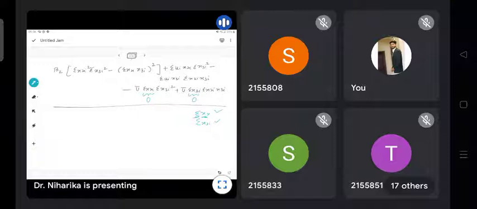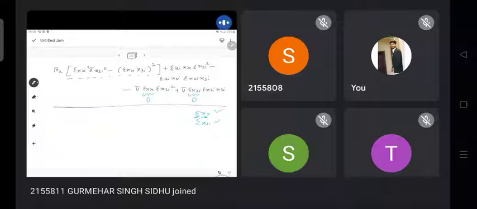And in the denominator we have this whole term. So I'll just write it down again, and then we can take the LCM and solve it further. So in the denominator we have x2i square.